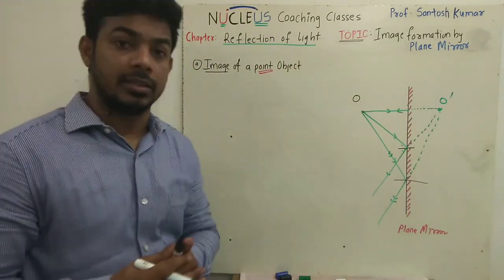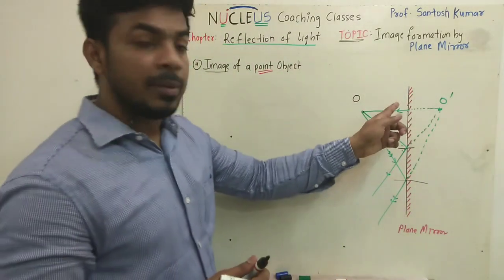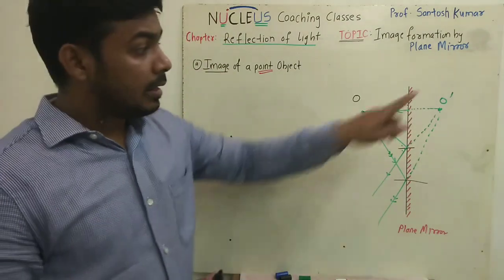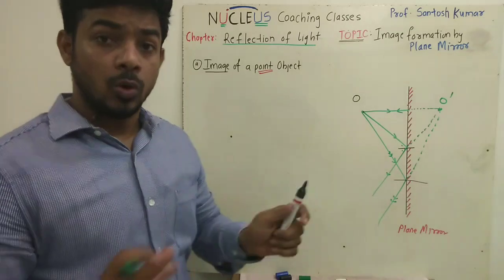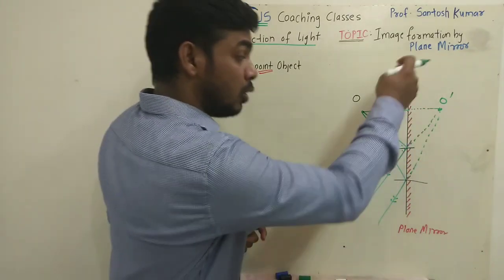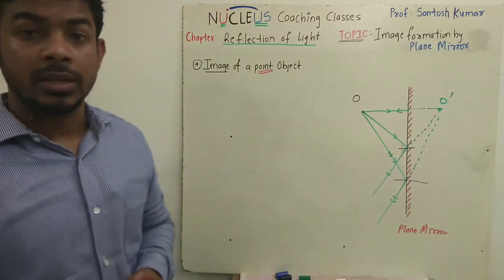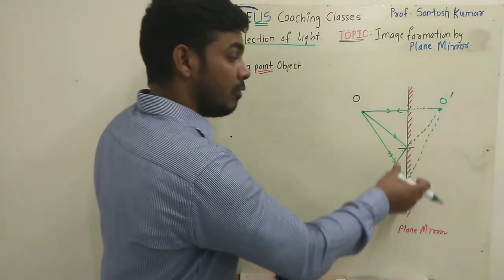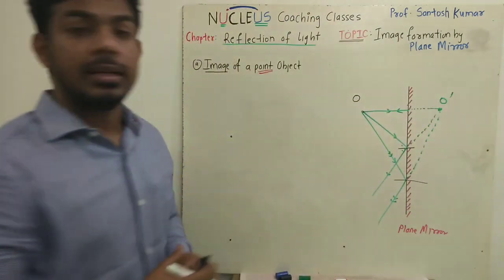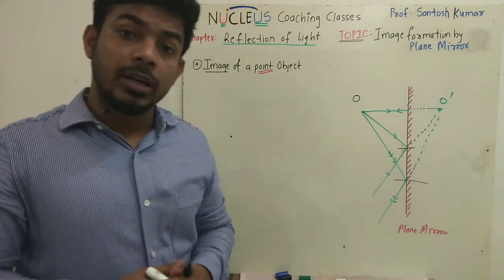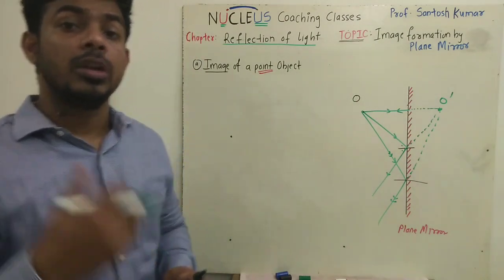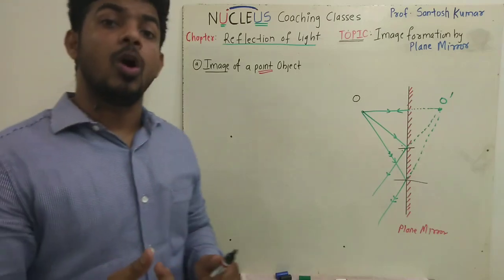This is one of the characteristics. So where is the image formed? The image is formed behind the mirror. Is the image formed due to actual intersection of the rays? No, the image is not formed due to actual intersection of the rays. In fact, it is formed when the rays appear to meet at a point. So definitely this image will be a virtual image, and as I said, a virtual image is always upright or erect.